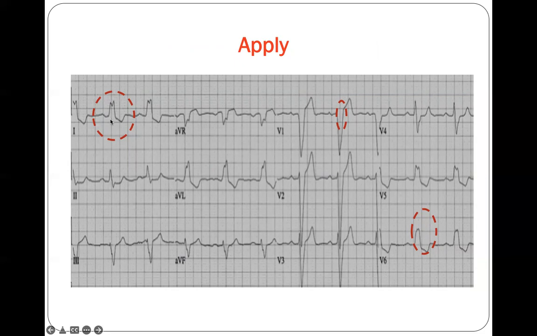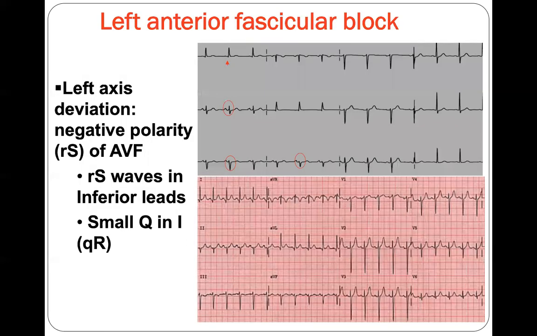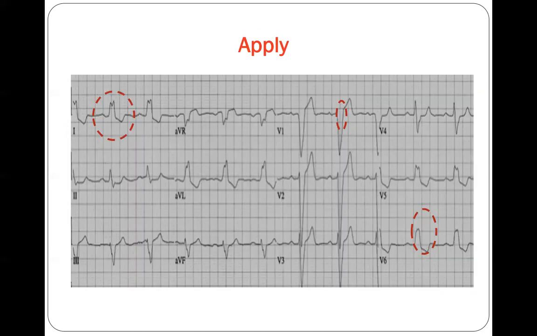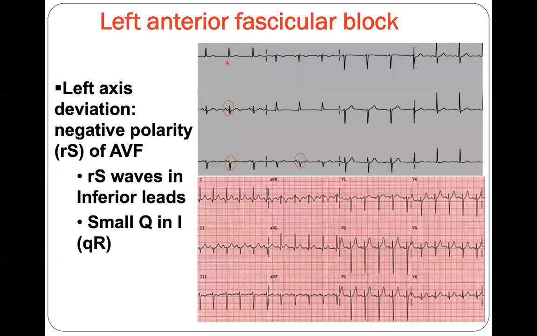This denotes left bundle branch block. And when you look at V1, you will find a deep Q with ST segment elevation, and this confirms the presence of left bundle branch block. So the right bundle, the M shape is in V1, but in the left bundle, the M shape is in lead 1, as we have mentioned. Okay.